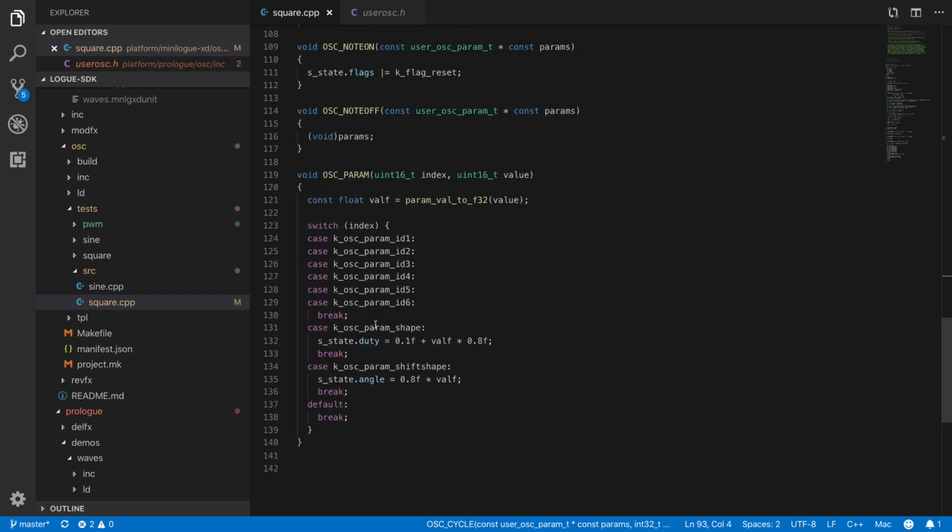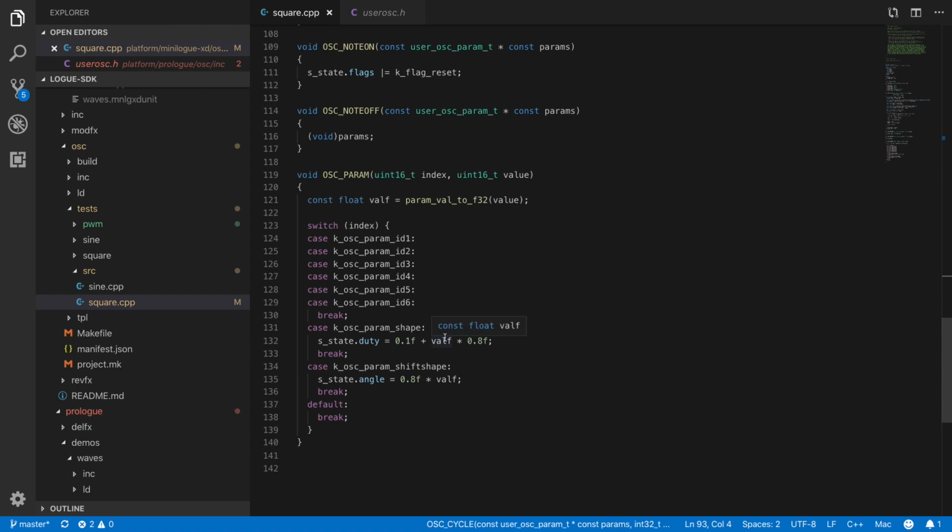And the shape parameter, if the user turns the shape knob without the shift button, is modifying the duty of the pulse width modulation, and it's computed by taking the value from the synthesizer parameter, which is this one here, and multiplying it by 0.8.